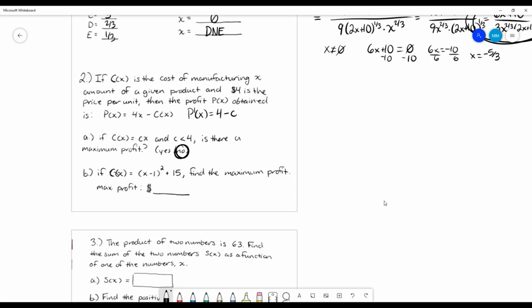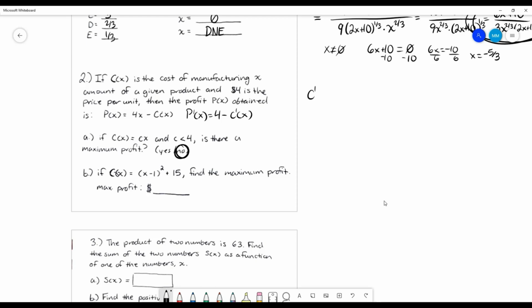Now they're saying if c of x is this equation instead of that, find the maximum profit. Okay. Well, first we have to find the derivative of this to plug it into our derivative equation, right? Because we know that the derivative of p of x is going to be 4 minus the derivative of that equation.